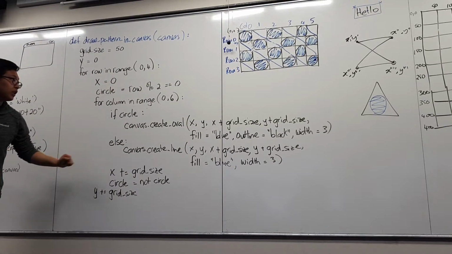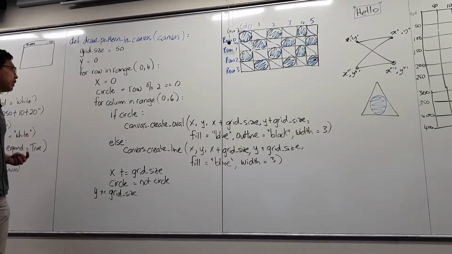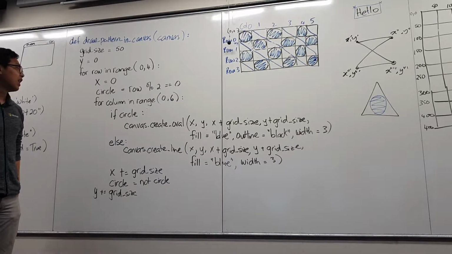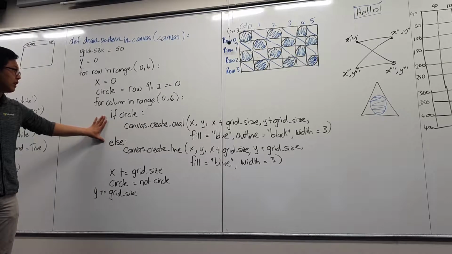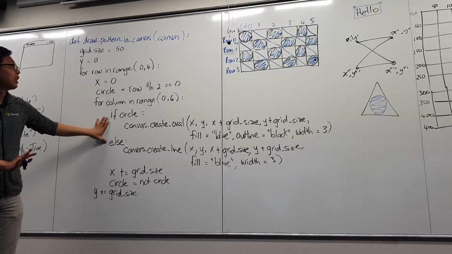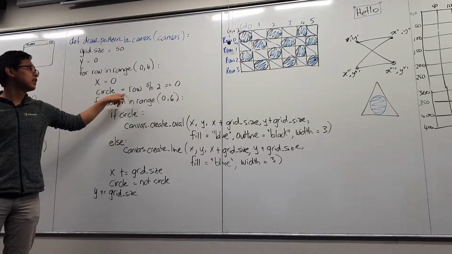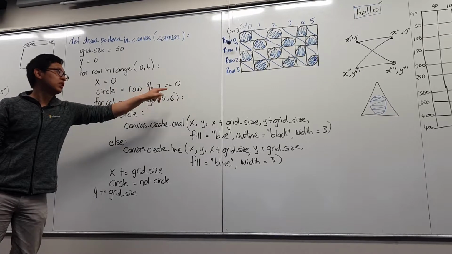And then I have some for loop. As you can see, the pattern alternates between 2 different things. So I need to have 2 different conditions, but I want to alternate them in a systematic way. And that is basically what this Boolean value is saying. Circle is row modulus 2 equals 0.